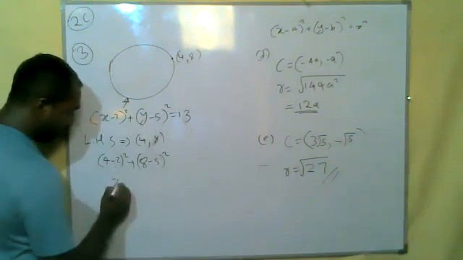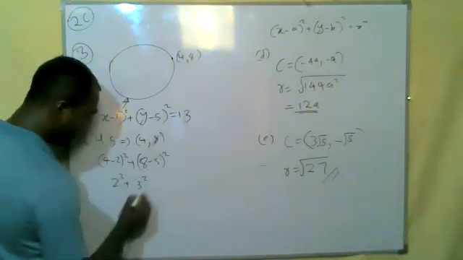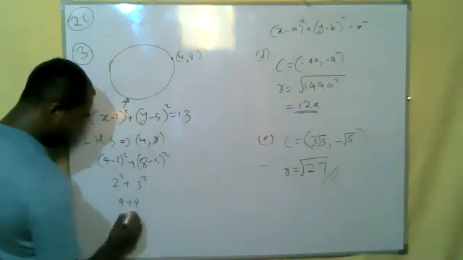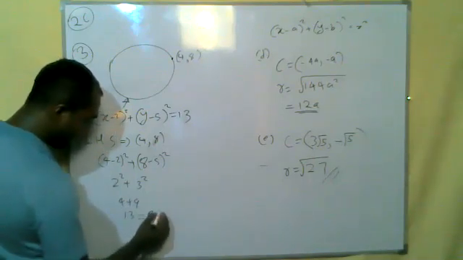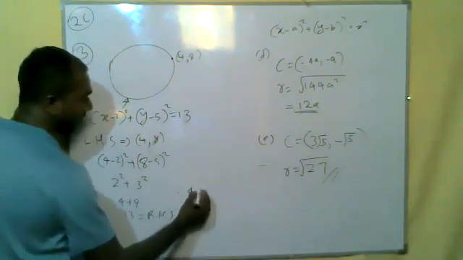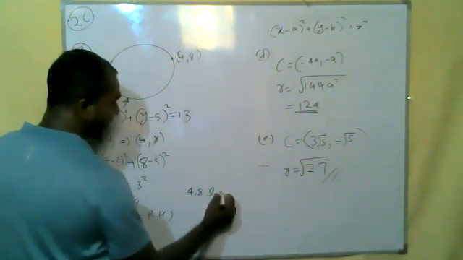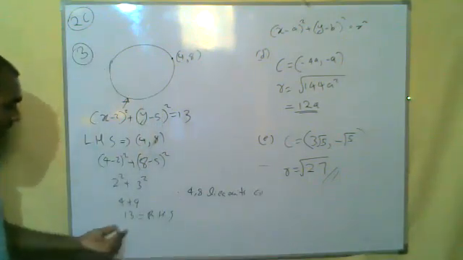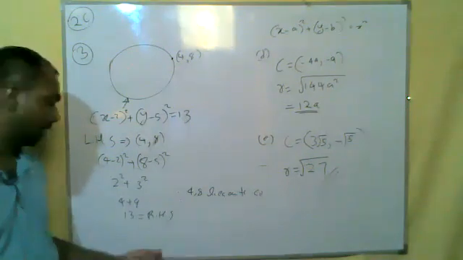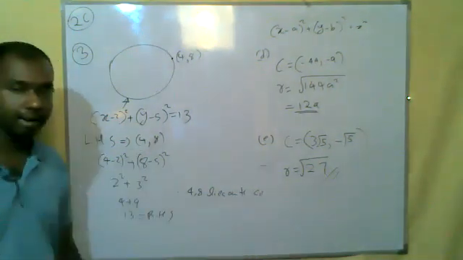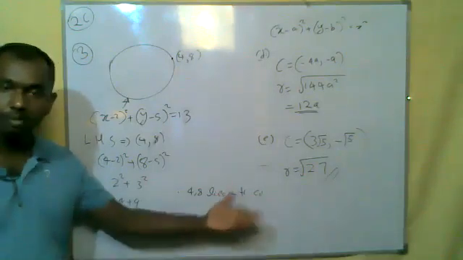What do we have? 2 to the power 2 plus 3 to the power 2, which is equal to 4 plus 9 equal to 13, which is equal to the right hand side. Therefore, (4, 8) lies on the circle. If you can't get it equal to the right hand side, if you got 14 or 15, what we can say? This is not on the circle. Okay.